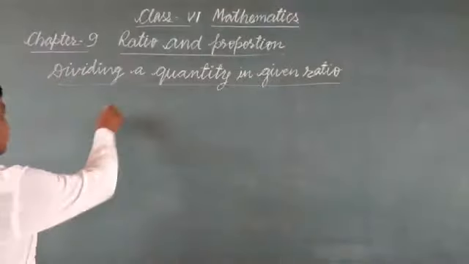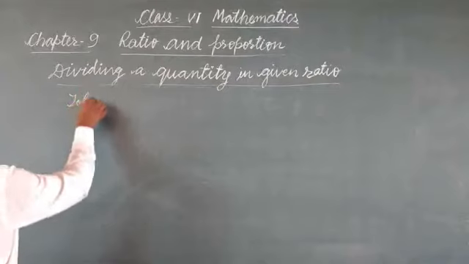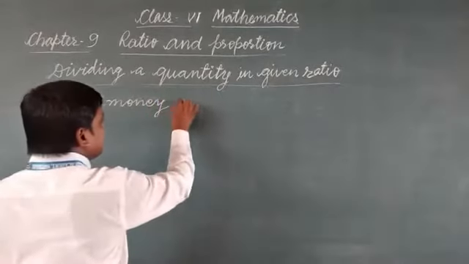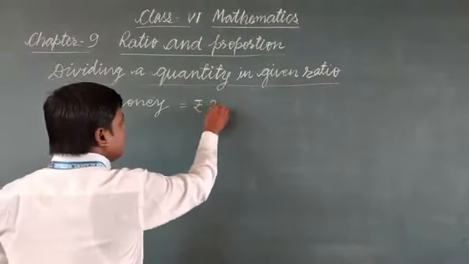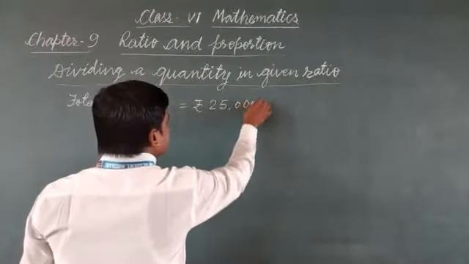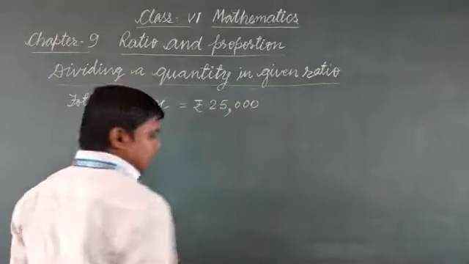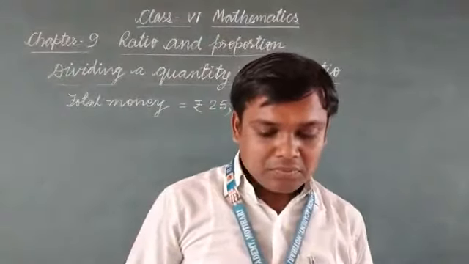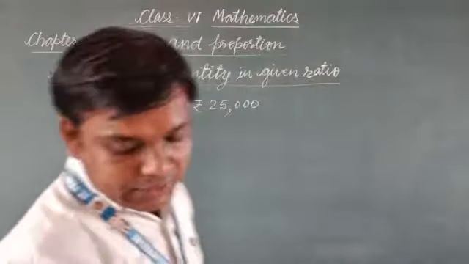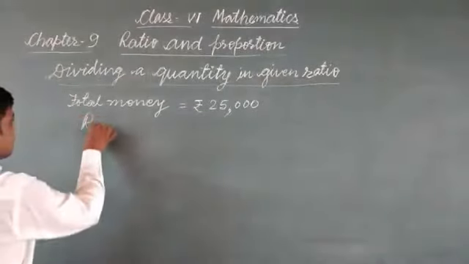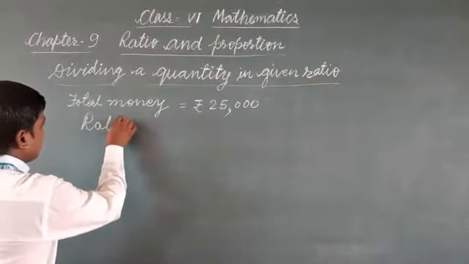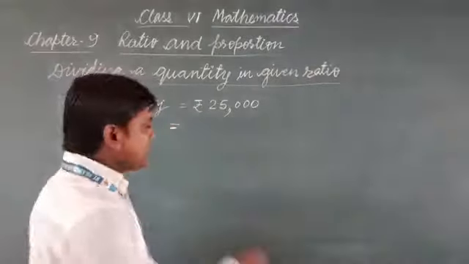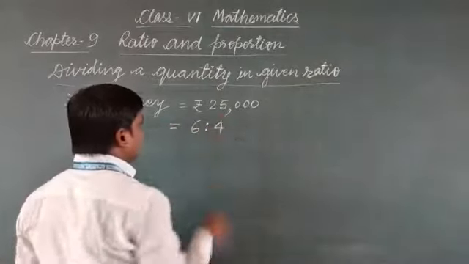Here the total money is 25,000 rupees. The ratio is also given: 6:4, son to daughter.